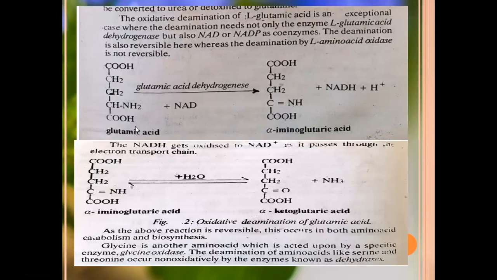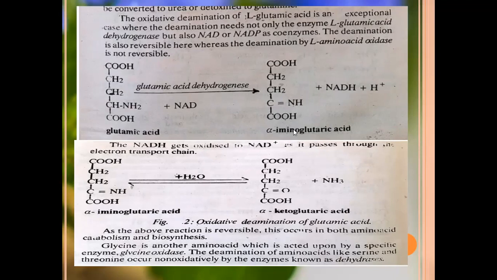Here it is glutamic acid. The example we have taken here is glutamic acid. The glutamic acid contains an amino group. That amino group is involved in the dehydrogenation process. In this dehydrogenation process, NAD, an electron acceptor, is involved to form alpha iminoglutaric acid.